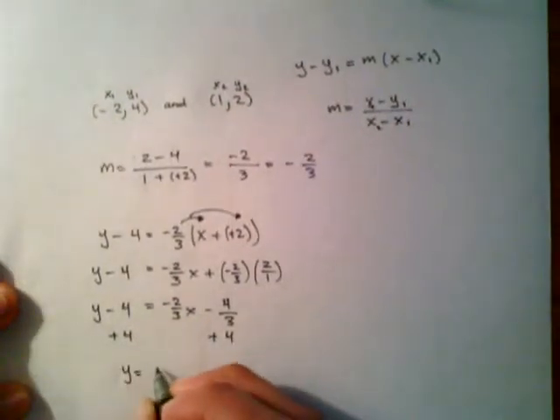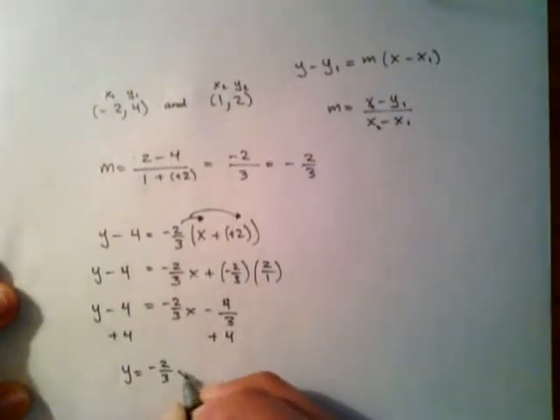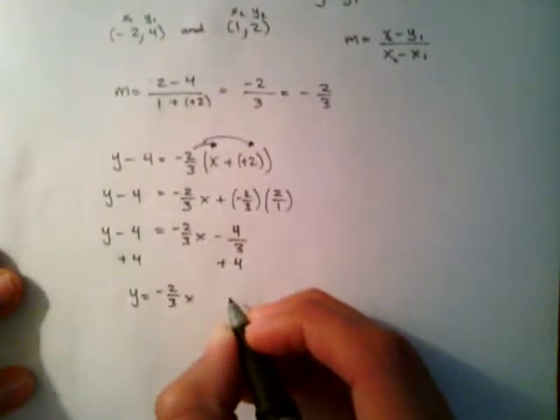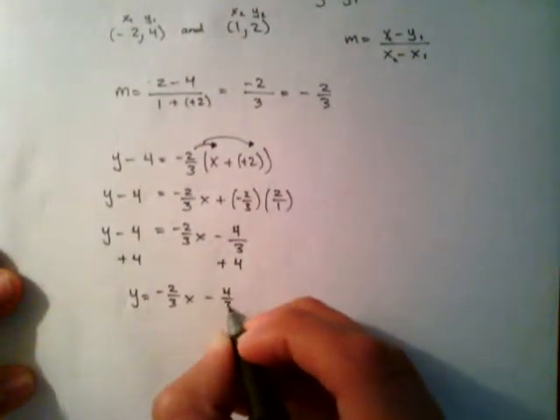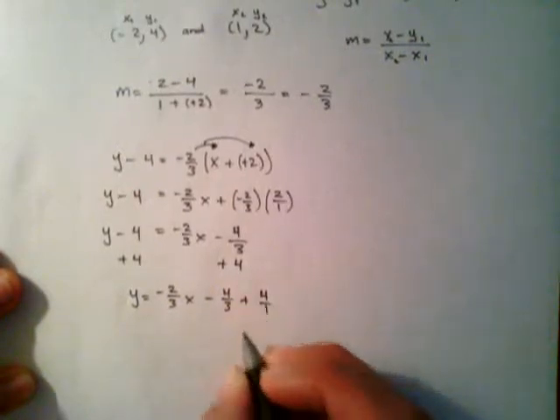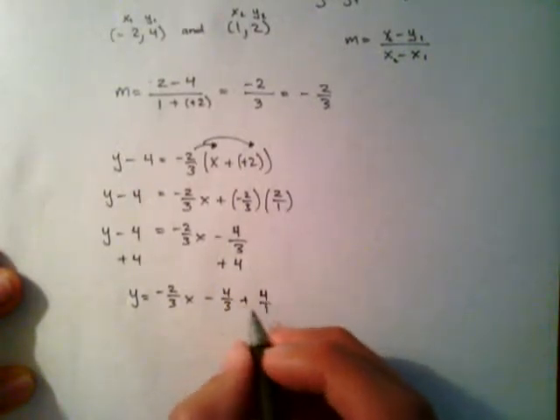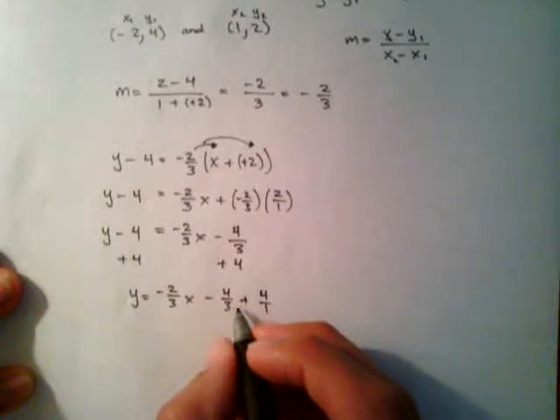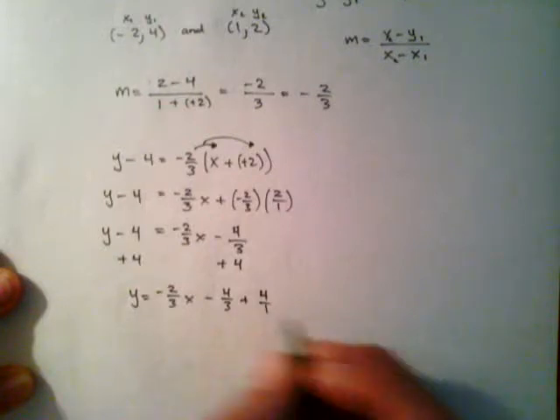So I'll have y is equal to -2/3 x minus 4/3 plus 4. And I will rewrite 4 as 4 over 1. Now, in order to combine these two terms, I must establish a common denominator between them. So I have 3 and 1, and the least common multiple is 3.